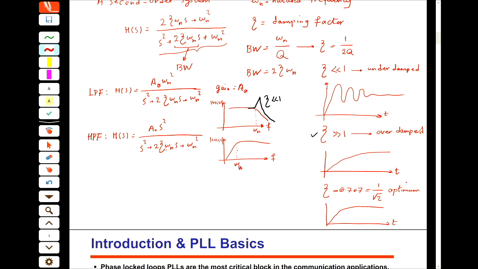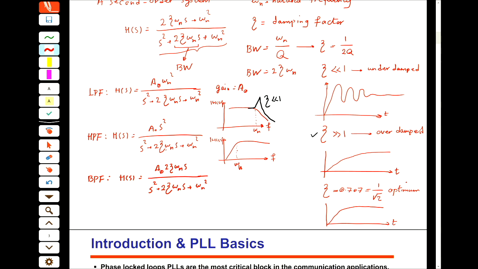And then for the band pass filter, H(s) equals gain A naught times 2 zeta omega n s divided by s squared plus 2 zeta omega n s plus omega n squared.